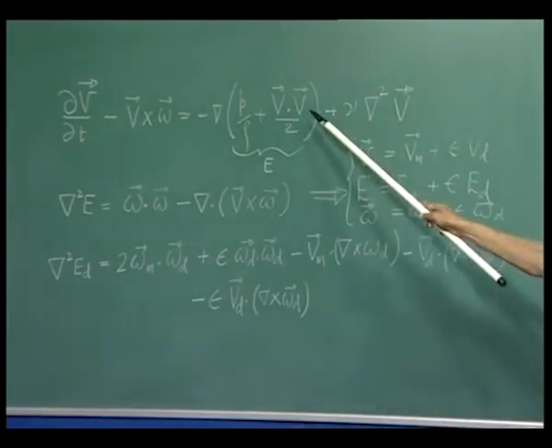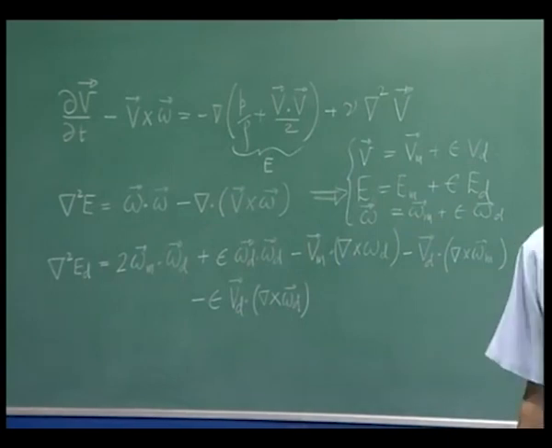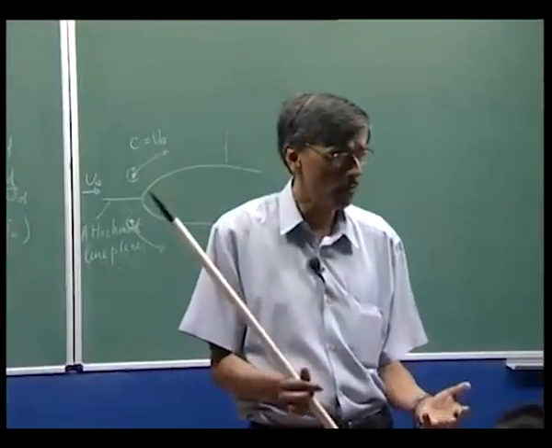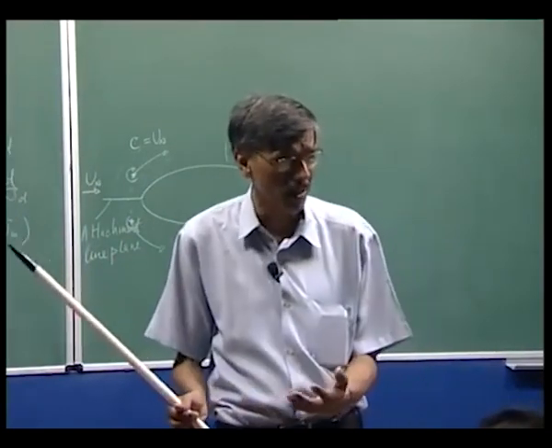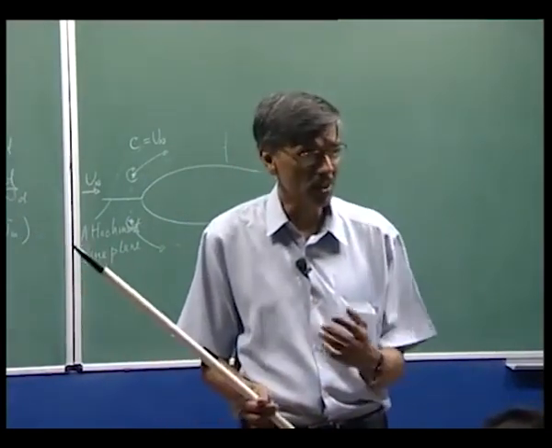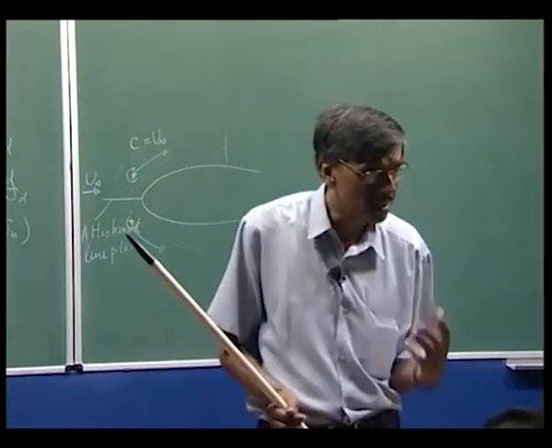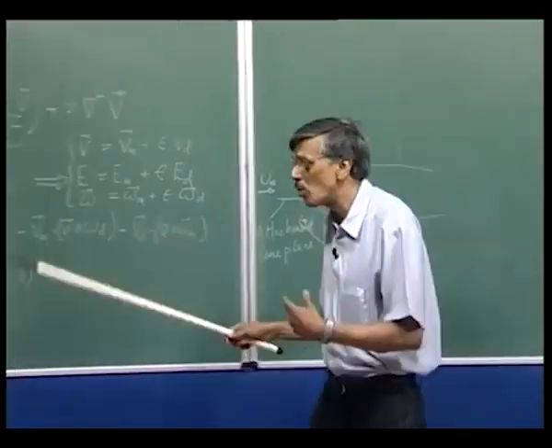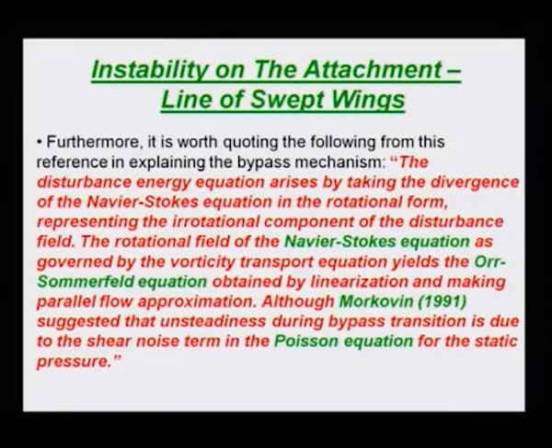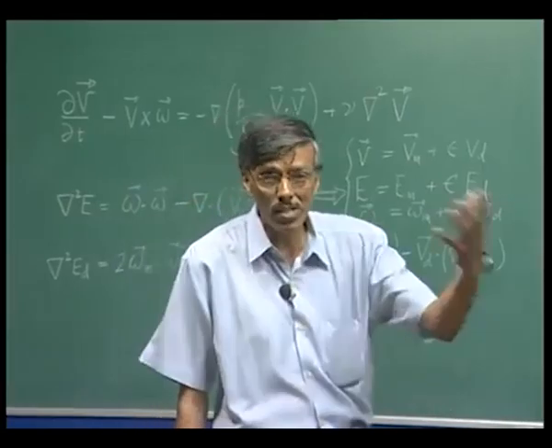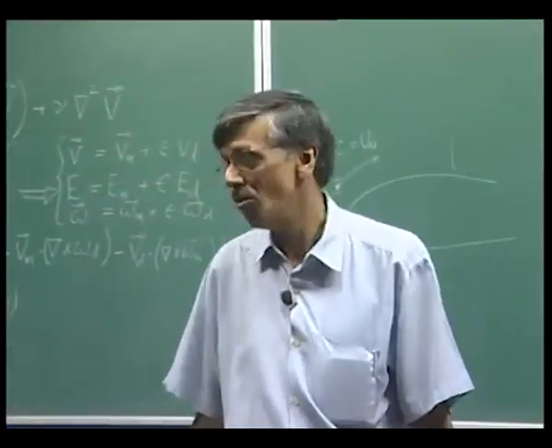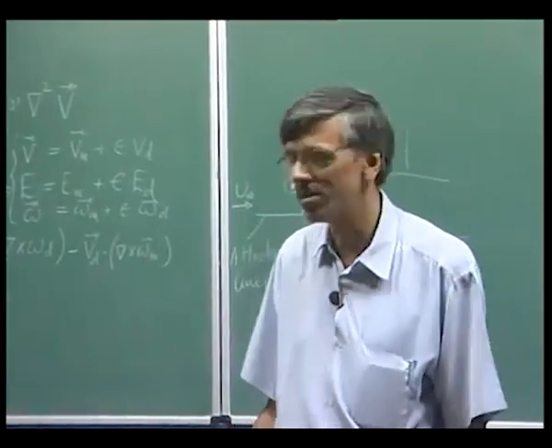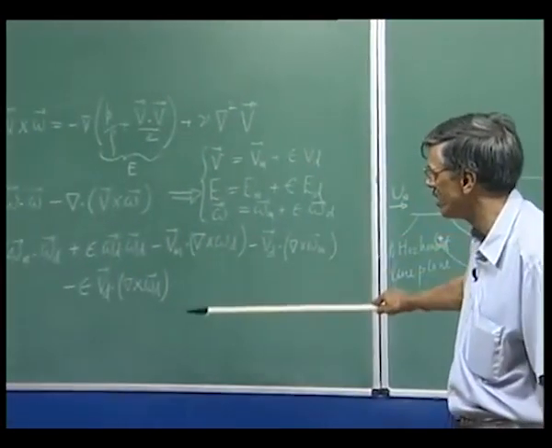If I talk about the velocity field there, like any vector, we should be able to show it as a composite of rotational plus irrotational part, and the vorticity transport equation is obtained by taking the curl of this Navier-Stokes equation. So, the progenitor of the Orr-Sommerfeld equation is the rotational part of the Navier-Stokes equation, whereas this equation has both, because this comes directly from the Navier-Stokes equation.